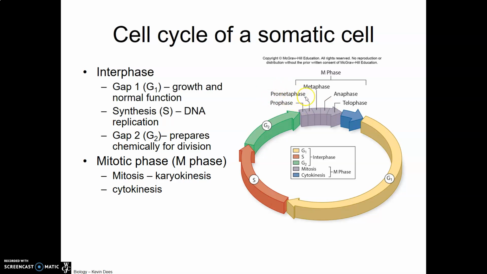Your book also lists prometaphase, but for the purposes of our lectures, I group prometaphase and prophase together. So we will see in the next lecture how each of these mitotic steps occurs to split the nucleus and where cytokinesis will occur to divide the cytoplasm.